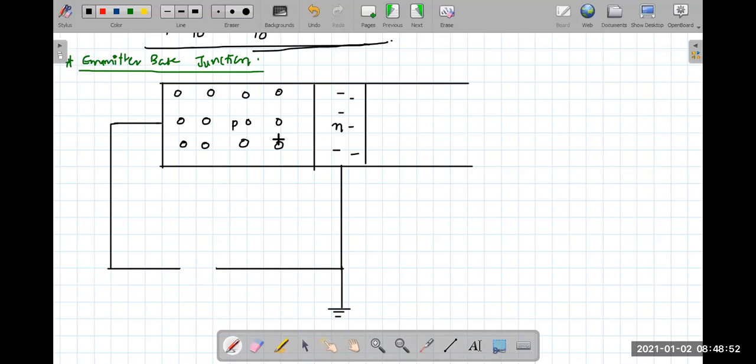In this case, we know that the P region and N region will form a junction over here. The acceptor atoms in the P region accept electrons and become acceptor ions, and the donor atoms on the other side donate electrons and become donor ions. So these are acceptor ions and these are donor ions.